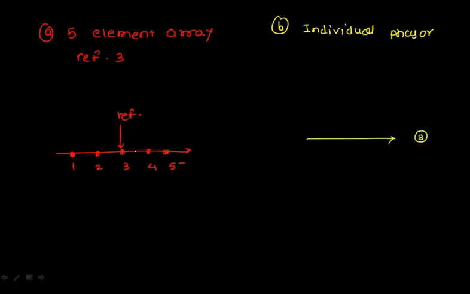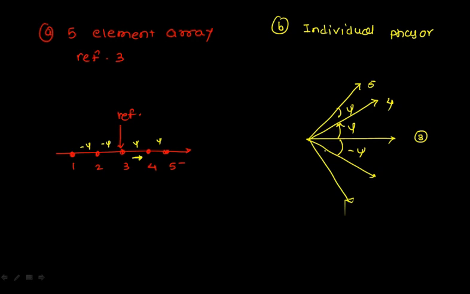So this 4 will lead this reference by psi, और ये आपके lag करेंगे minus psi से. अगर आप यहाँ पे draw करेंगे, so this is your 4 which leads with an angle psi, this is 5 which leads with an angle 2 psi. Now this will be the source 2 which will lag by angle psi, 1 will lag with the angle 2 psi. So ये है आपका individual phasors.